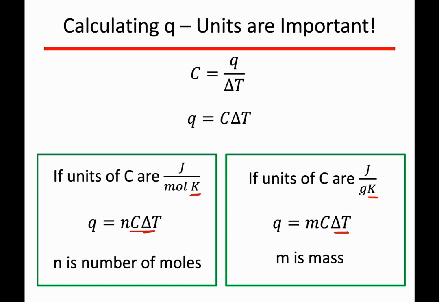Just as an example, if you were to think about, let's say, changing the temperature of something from 0 degrees Celsius to 100 degrees Celsius, delta T would be 100 in degrees Celsius. If you were instead to convert everything into Kelvin, right? 0 degrees Celsius is 273 Kelvin. 100 degrees Celsius is 373 Kelvin.